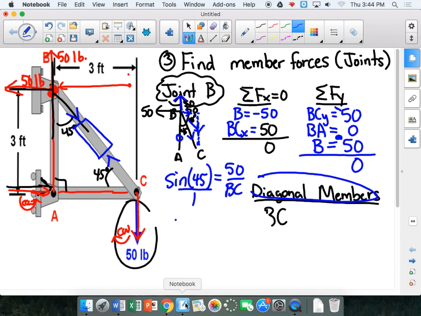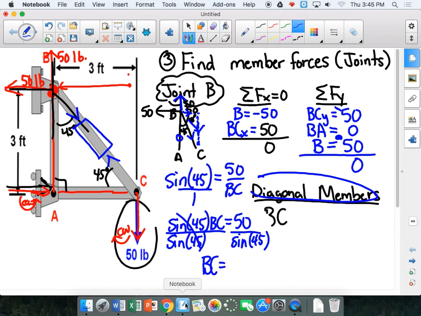So I'll cross multiply. Sine 45 BC equals 50. Divide by sine 45. So if I do 50 divided by sine 45, it will equal 70.71. So BC is 70.71.